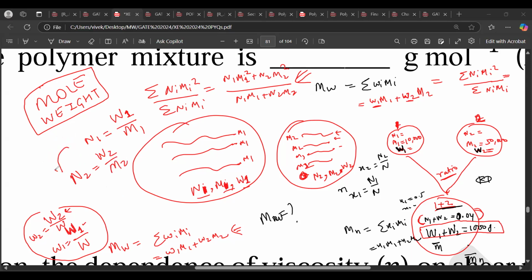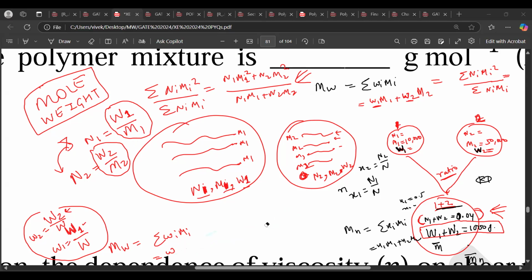Can I use these two equations to solve for W1, W2? Of course, yes. How? Because you have been given N1 plus N2 equals 0.002. You just need to substitute W1 by M1 in the place of N1 and W2 by M2 in the place of N2. That's it, and you make an equation. Right? Amazing.